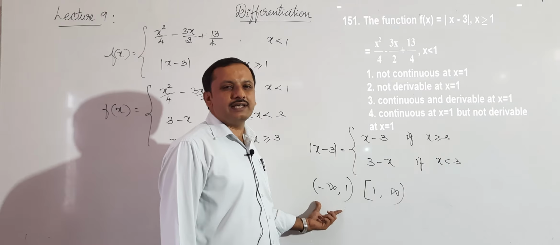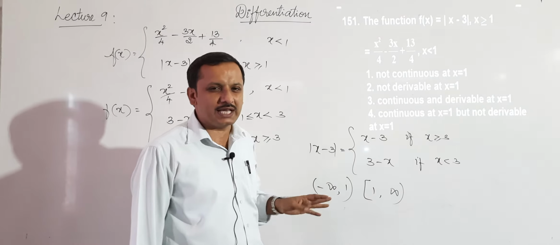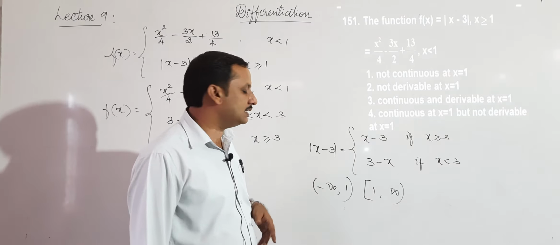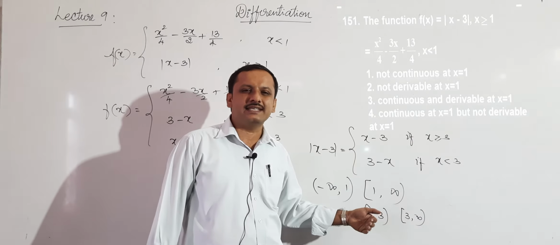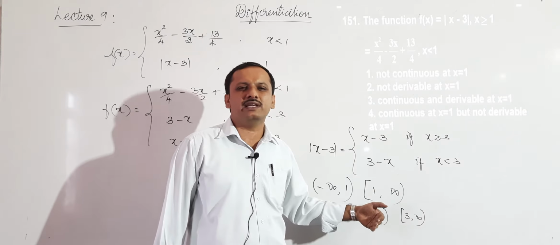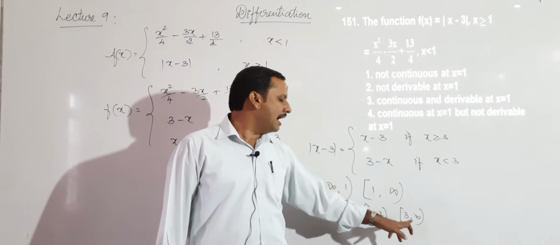In this interval I have retained f of x as it is, and this interval 1 to infinity I have split as 1 to 3 and then 3 to infinity, that's all. 1 to 3, since x is less than 3, mod x minus 3 will be equal to 3 minus x, and when x is greater than or equal to 3, mod x minus 3 will be equal to x minus 3.